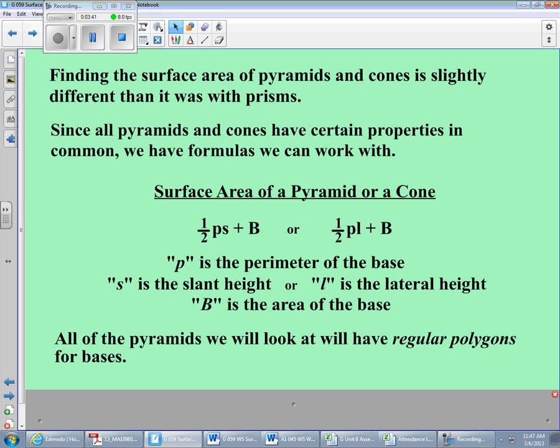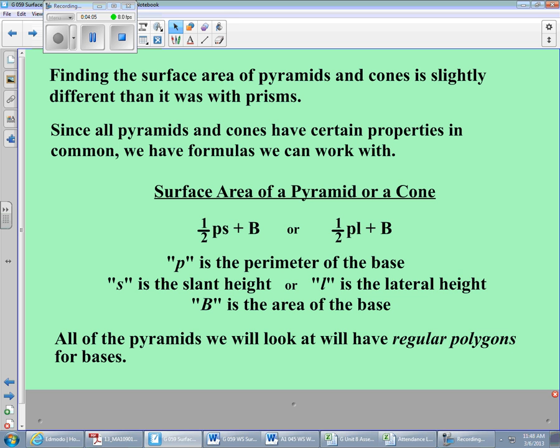And one thing that does make our lives a little bit easier when it comes to working with pyramids is that all the pyramids that we're going to see are going to have regular polygons for their bases, unless we come across some strange problem that does say, oh, by the way, the base is a rectangle or a trapezoid or something like that.